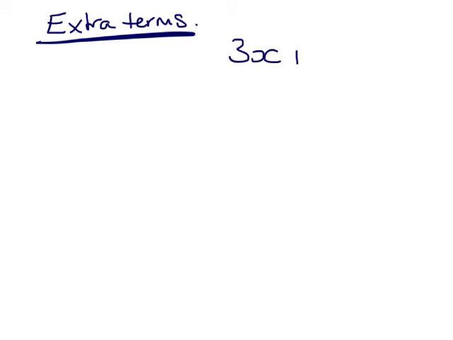Now we're going to make it a wee bit more tricky, because what we're going to do is introduce some extra terms. Usually these terms aren't part of the bracket, but they can go together with other things. So let's just say, for example, we've got rid of our bracket and we've got 3x plus 6, and we've got another term floating about in our question which is 5.